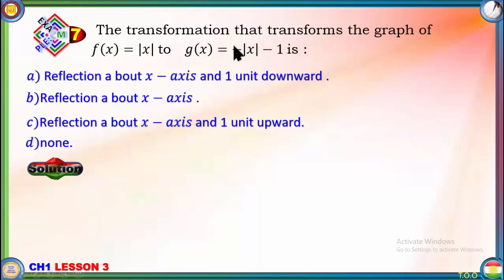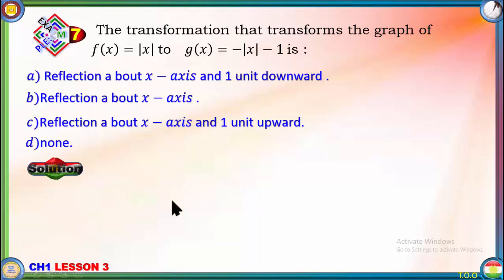And after that, we subtract 1. That means a vertical transformation of 1 unit downward. It means the transformation which makes g(x) is a reflection about the x-axis and 1 unit downward.